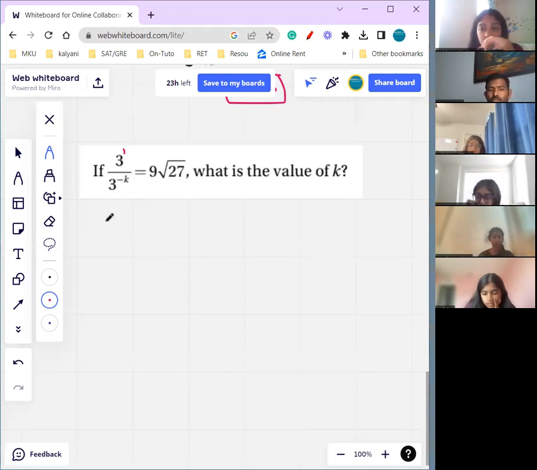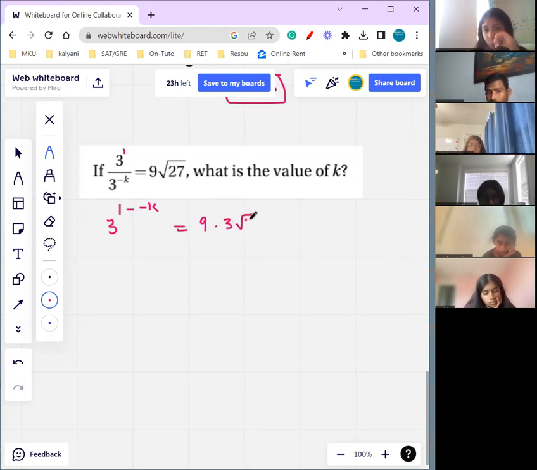I can write this one as 3 to the 1 divided by 3 to the negative k. Since I'm dividing, I subtract the exponents, so that's going to be 1 minus negative k, which is 1 plus k. And then for this, I am going to write 9 times the square root of 27 as 9 times 3 radical 3.